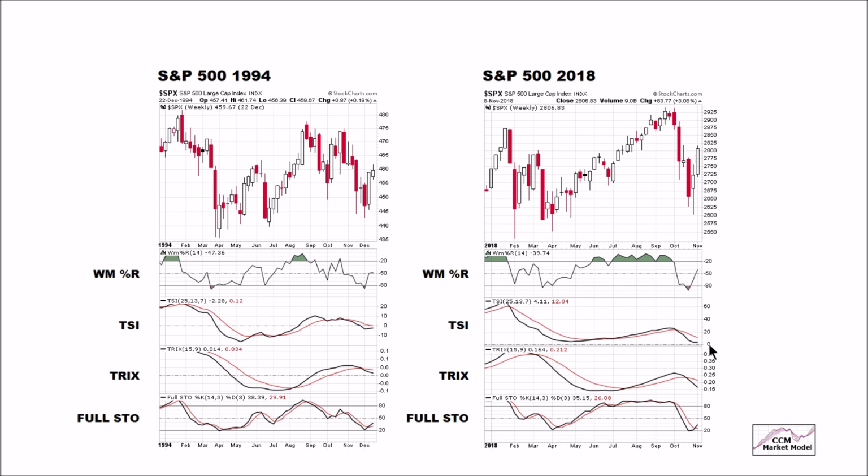TRIX, black below red, hovering around the zero line. Full stochastic gets a bull cross. It occurs near 20. It occurs near 20.